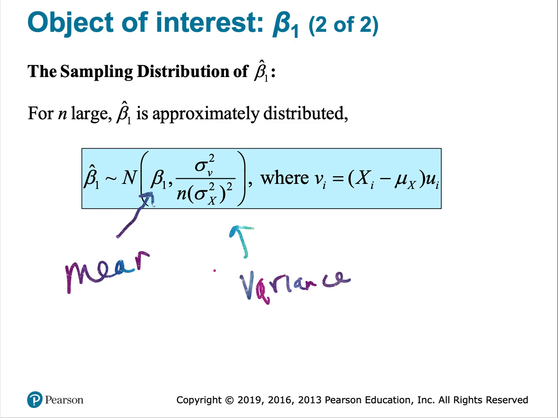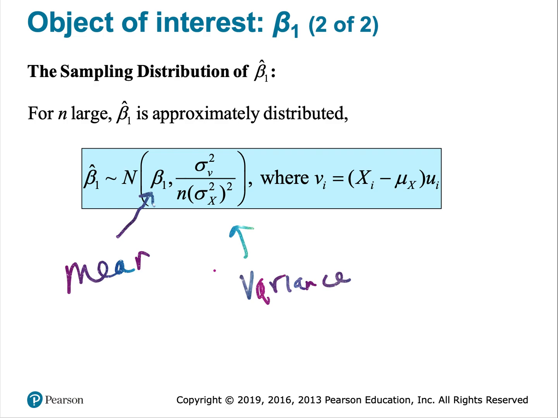We could, if we were very eager, calculate this variance by hand. It is possible because we know the value of xi, we know mu x, or we could approximate mu x using x bar. We know ui, the OLS residual. We know n.